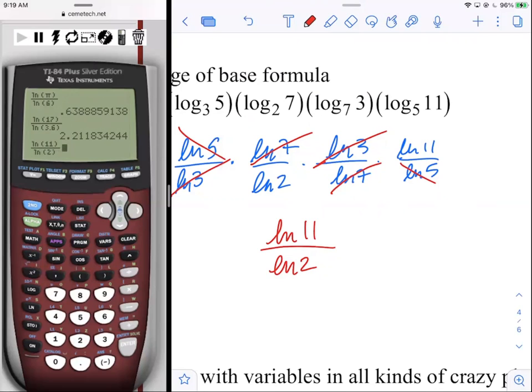Before I hit enter, if I see the natural log of 11 over the natural log of 2, why is it reasonable for me to think about the answer as asking myself, 2 to what power is 11? Fantastic, Hayden.